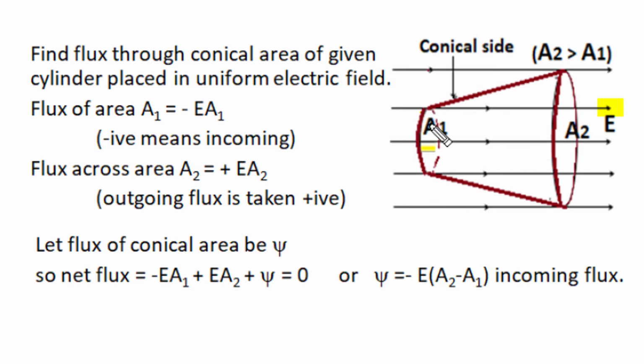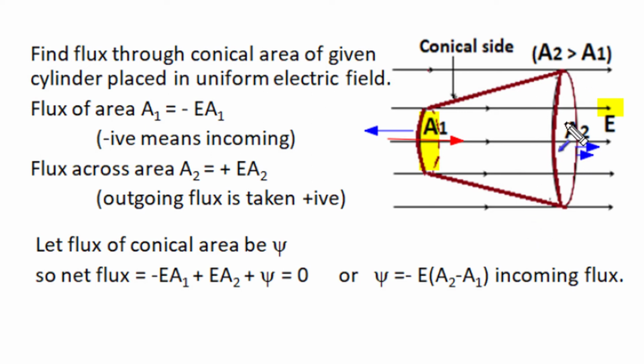Here at surface A1, electric field intensity vector shown by a red arrow and area vector normal to the surface and outward shown by blue arrow got 180 degree angle. Cos 180 is -1. So dot product of E vector and area vector is minus E A1 at this A1 surface. Similarly at A2 surface, both E vector and area vector are normal outward in the same direction. Angle between E vector and area vector is 0, cos 0 is +1.